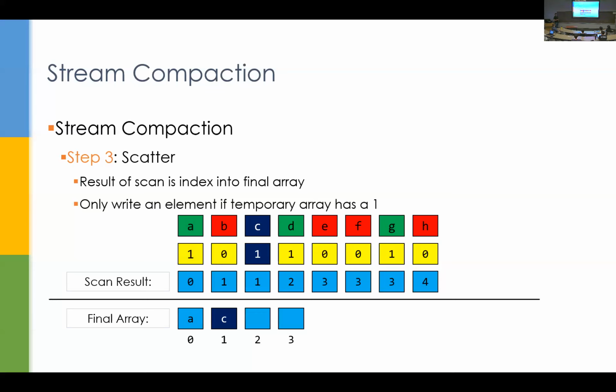So you write C to 1. Then we come to D. D is true. We want to write it. What's the index? 2. So D gets written to 2. And then we skip E and F. So we come to G. G's index is 3. So we get that. And then we don't have to do H. Everybody clear on this?